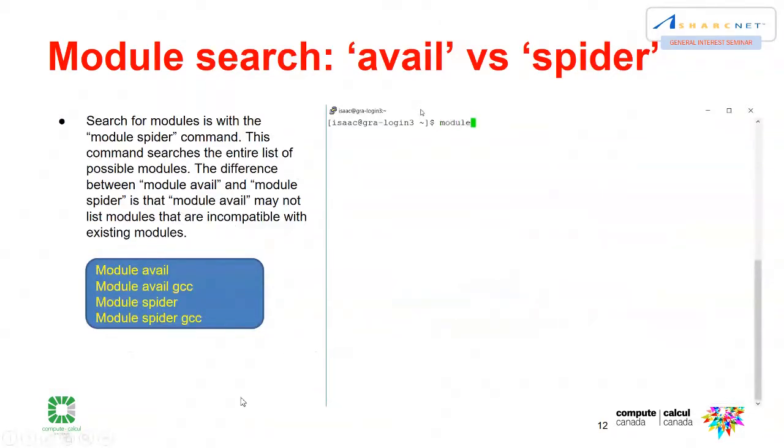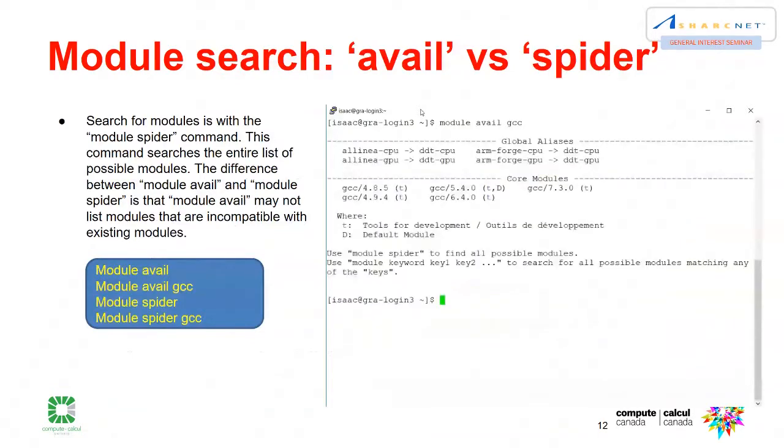So I typed module avail, and then it will show you all available modules, which is really long. So I cleared the screen, and I typed module avail looking for GCC compiler. And then the module system replies back to you. There are a couple of options.